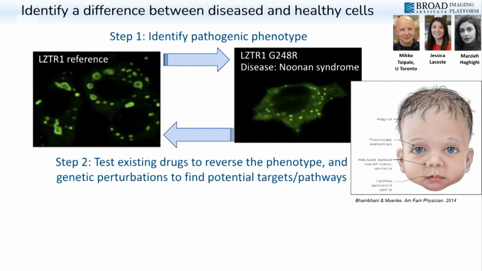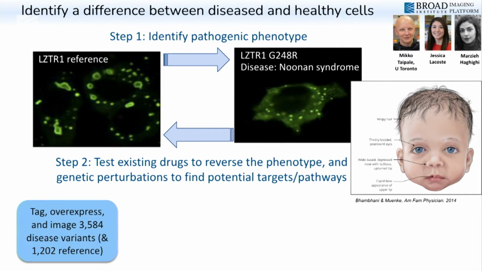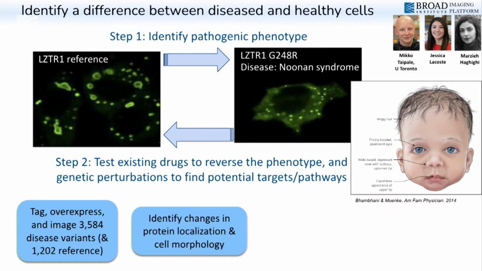The nice thing about this kind of setup is that maybe you don't see a difference between the two all the time, but for those cases where you do, you can then test drugs to try to reverse the phenotype. Just to give you a sense of the status of the project right now, she's tagged, overexpressed and imaged thousands of these disease variants across 1,000 different disorders. And as I said, it's not all the time that you see a change.